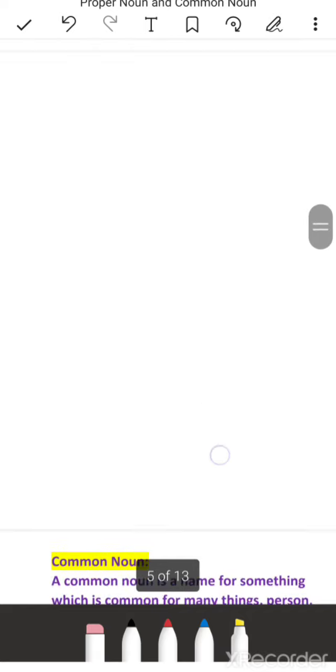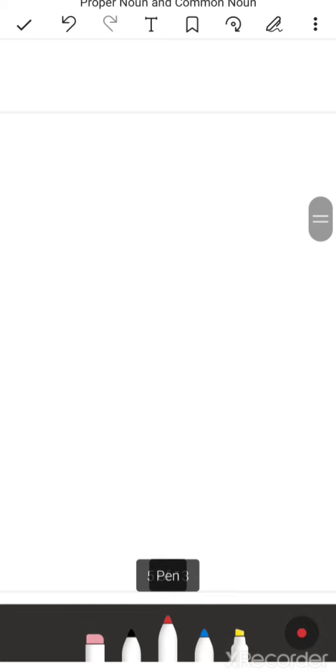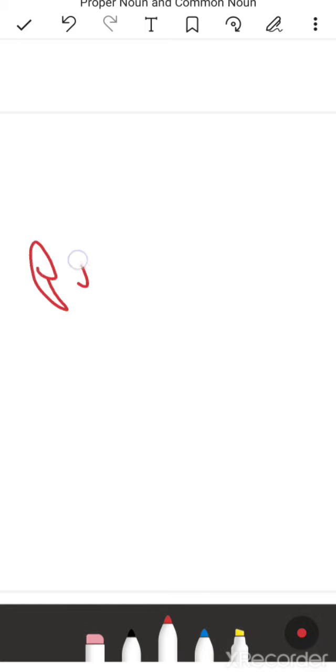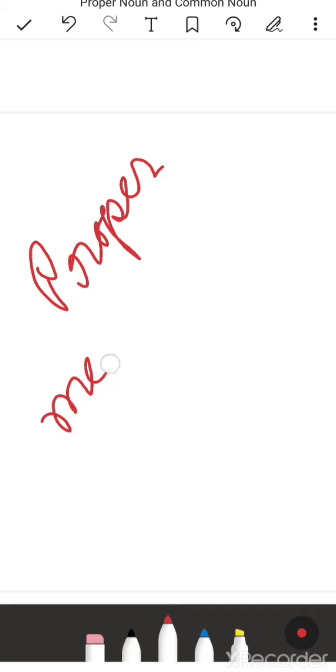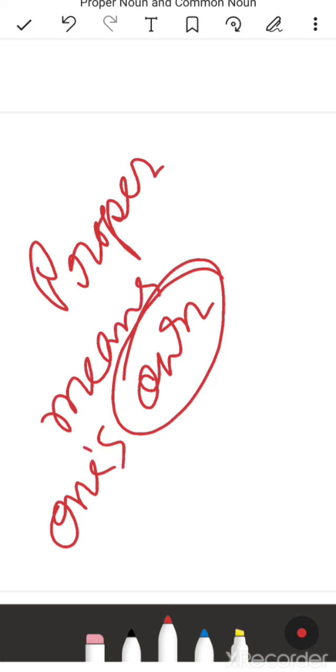First of all, let us understand the meaning of proper. Proper means someone's own, one's own. Now what is the meaning of one's own? Suppose you are in a place where you are not able to find out where it is.